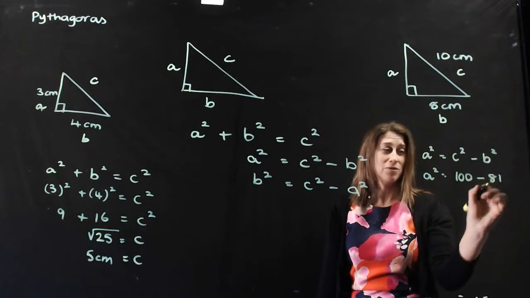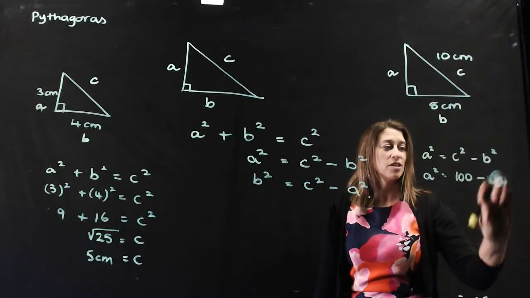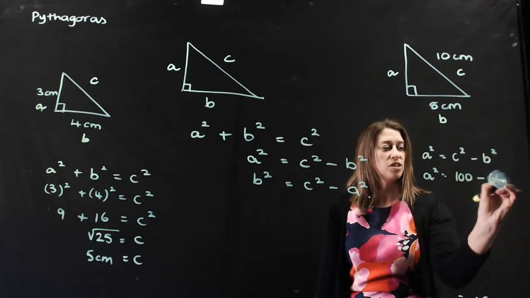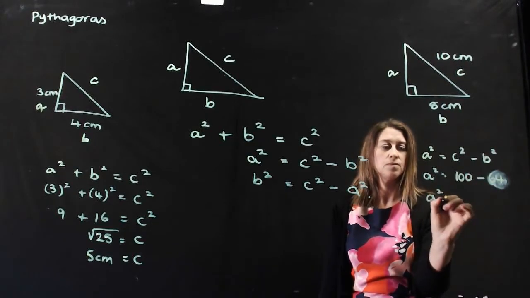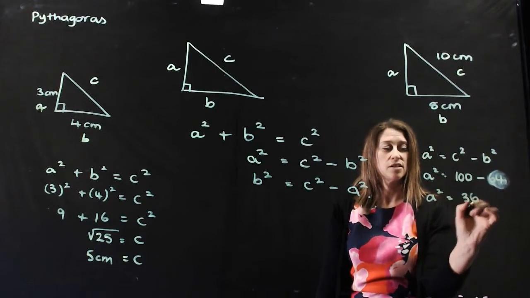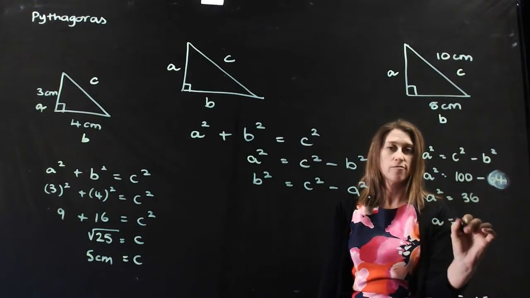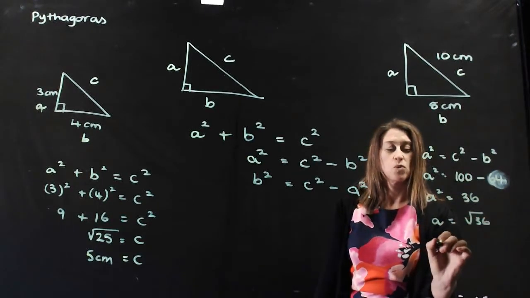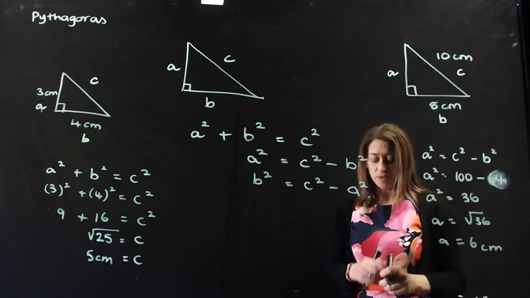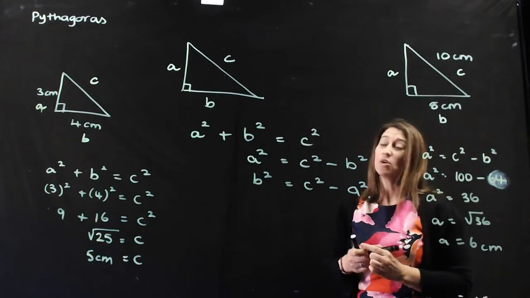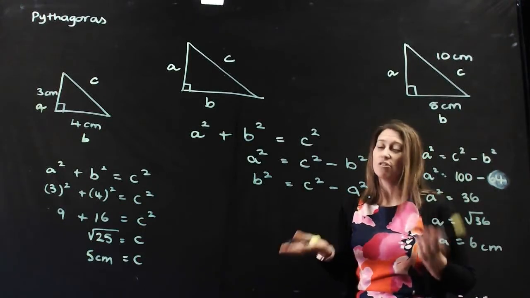Sorry, it's not. It's 64. Momentary lapse there. Apologies. 100, take away the 64, is 36. So therefore, A is the square root of 36, which is 6. And of course we're in centimetres, so 6 centimetres. And that just gives you a quick recap of how Pythagoras' theorem is used.